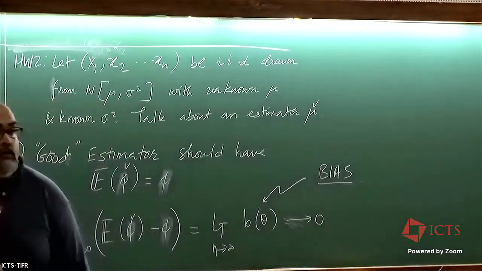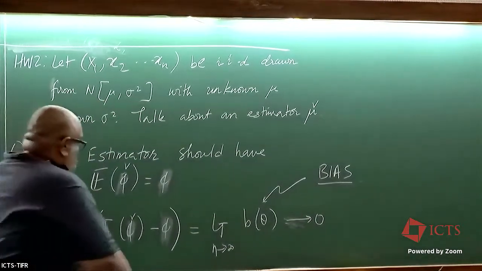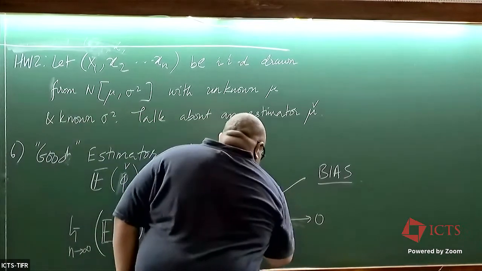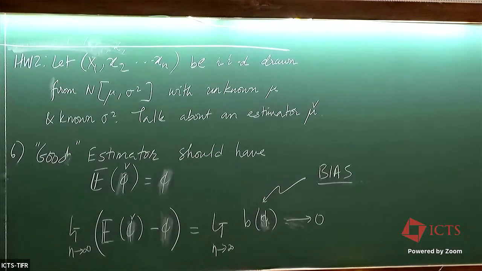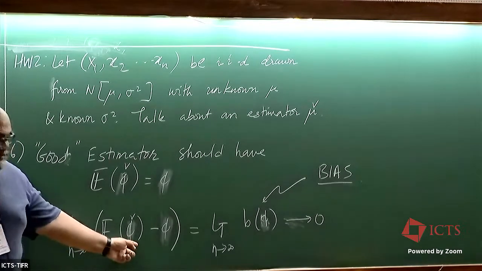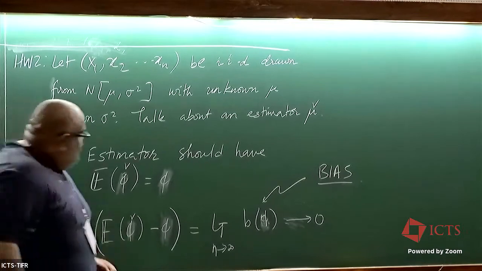Any number of them, as you can work out from even simple examples. Good. Other questions? Yeah, phi hat is the estimator. This is the expected value of phi hat, sorry, which I should have defined.